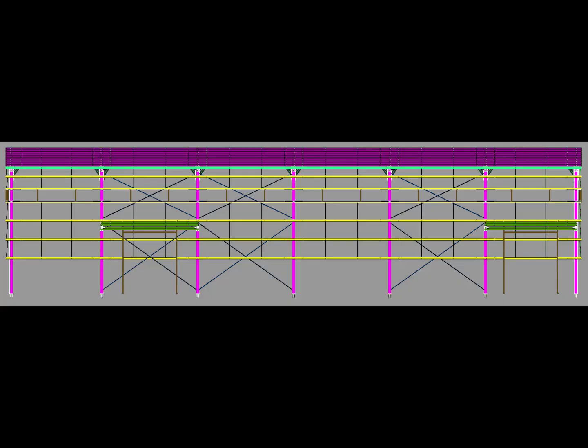These members have a different arrangement from the sag rods. This gives us an important visual clue. X-shaped diagonal members are part of the bracing arrangement, while the sag rod belongs to the secondary framing support system. So, when studying a PEB model, we should not mix these two systems together.